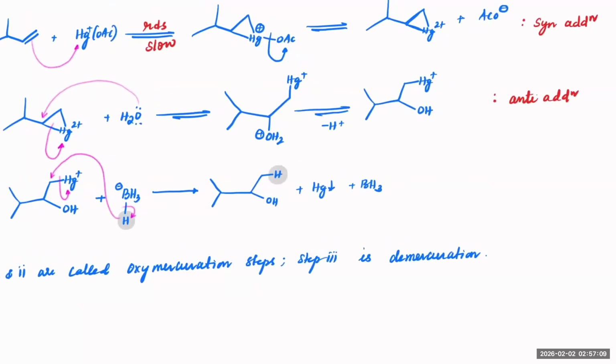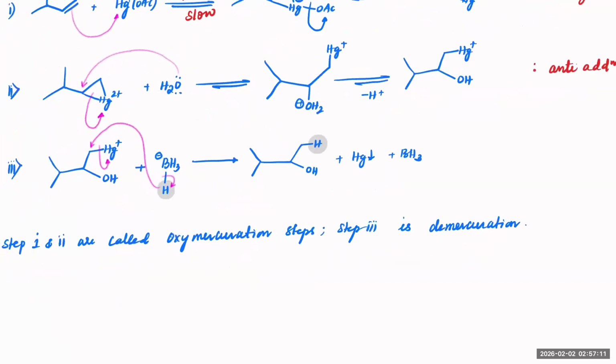And thereafter, the last step, have you noticed this single bond? This single bond can rotate in any direction, isn't it? So this H minus can attack from here, or it can attack from here. It does not make any difference, as it moves around the single bond. So I cannot say that the final product is only coming from the erythro form or the threo form.